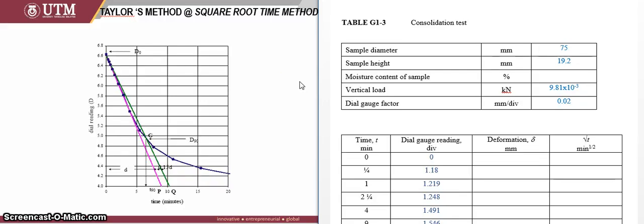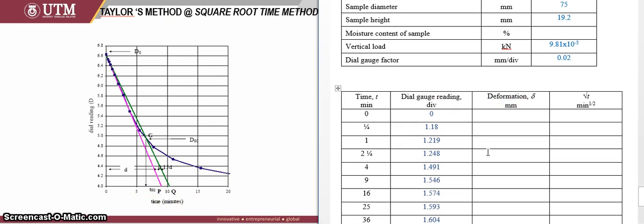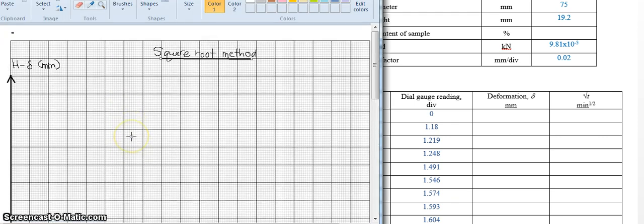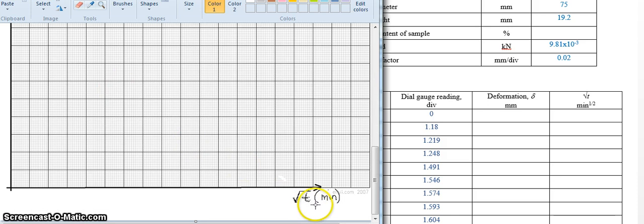So we continue with our second video for the consolidation oedometer test. As we just stopped, this is how the graph of the square root time method looks like. So you have the deformation, and I mentioned just now the height minus the deformation versus the square root time.